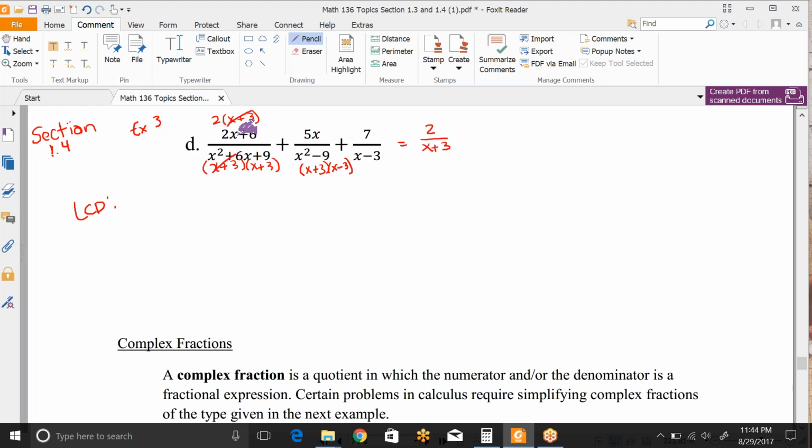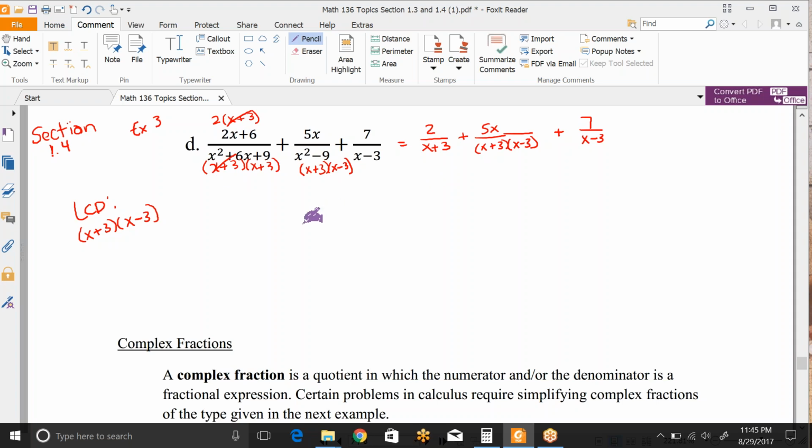That's the reduced fraction for this, plus 5x over x plus 3, x minus 3, plus 7 over x minus 3. Okay, so my next step would be to say that my LCD is now just an x plus 3 and an x minus 3. I don't need two x plus 3s since I was able to reduce one of these out.